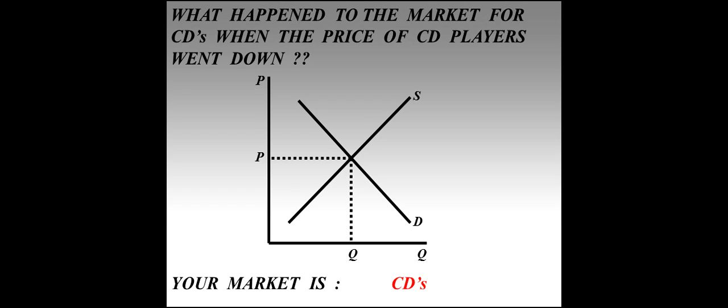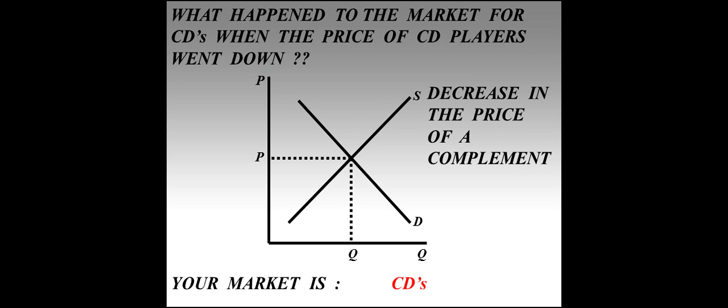The next example uses the market for CDs. You may remember CDs as the way to have your music portable before you were able to download an MP3 file or the like to your cell phone or MP3 player. The condition or event for the CD market is as such. What happened to the market for CDs when the price of CD players, which were also fairly portable, went down?